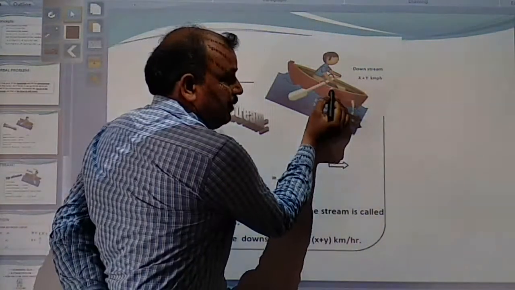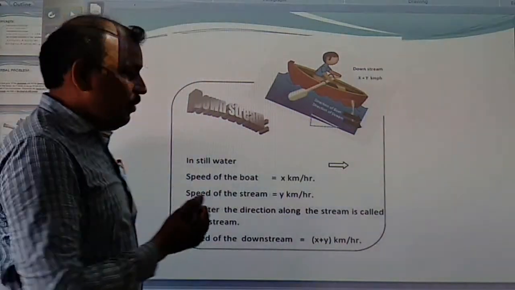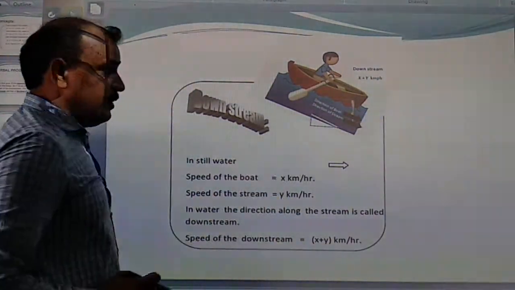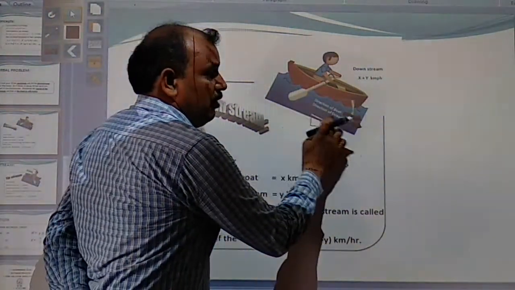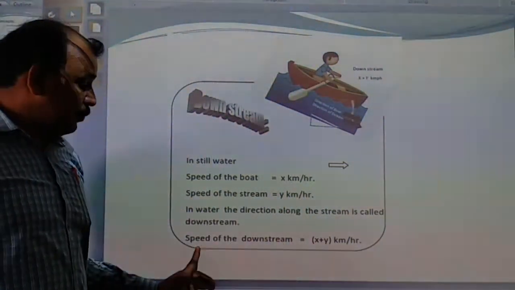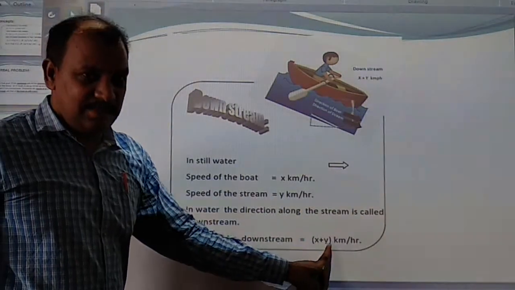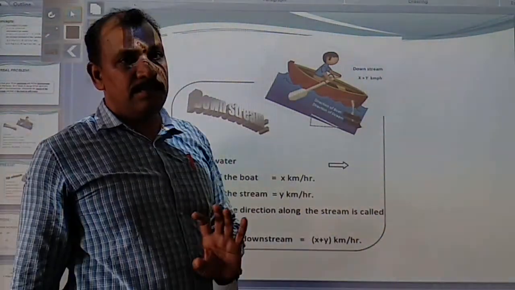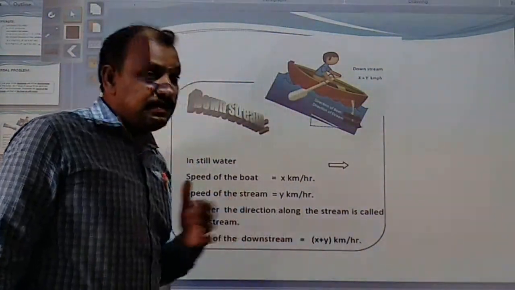Let the speed of the boat be x kilometers per hour. Let us take the speed of the stream as y kilometers per hour. Then speed of the downstream is x plus y kilometers per hour. How does it come?